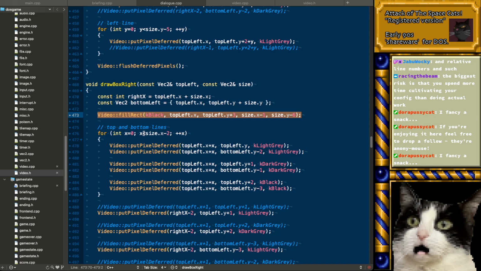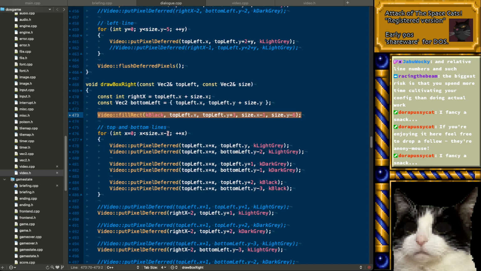That's a little strange because you'd only get 1 pixel rather than 3. It's not necessarily wrong.